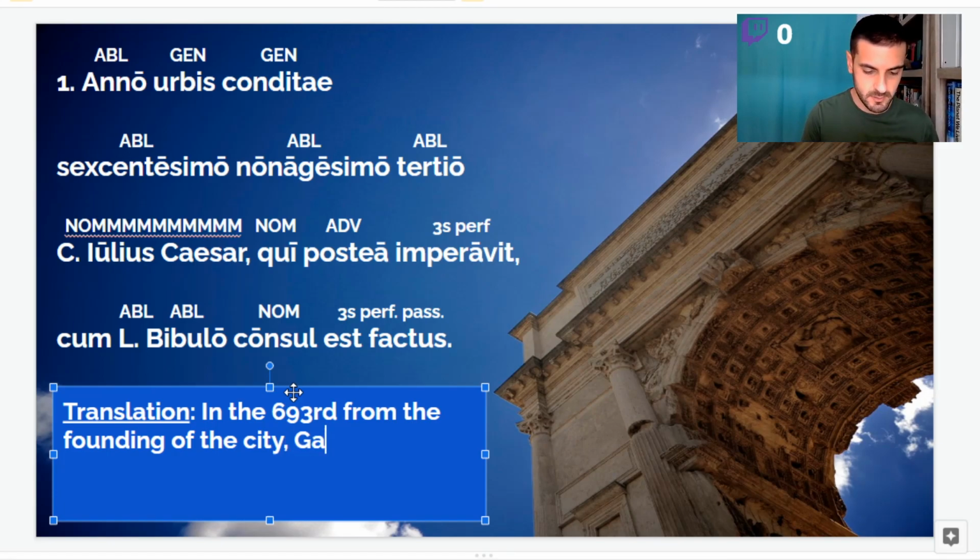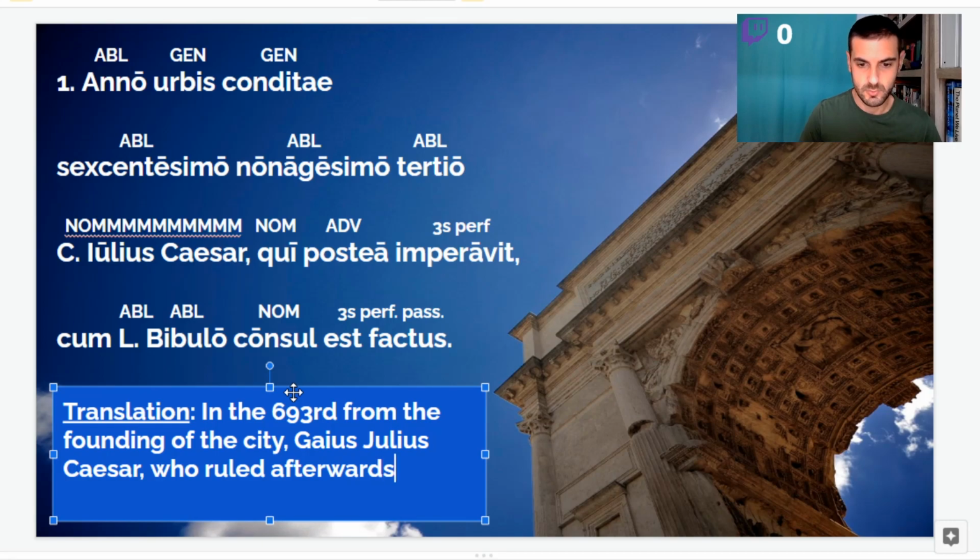We got our boy Gaius Julius Caesar, qui, who, postea imperavit, literally who commanded later, who ruled afterwards, cum Lucio Bibulo consul est factus.